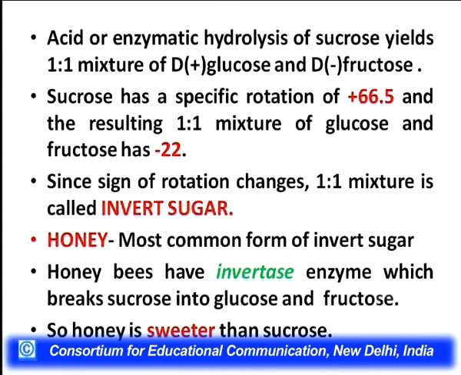Since sucrose on hydrolysis gives glucose and fructose, honey is sweeter than sucrose, because glucose and fructose are sweeter than sucrose if we look at the sweetness index of the sugars.